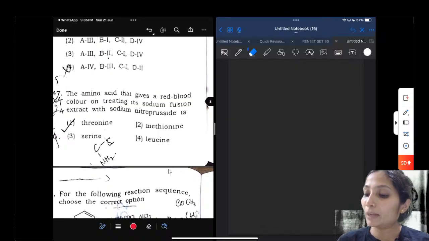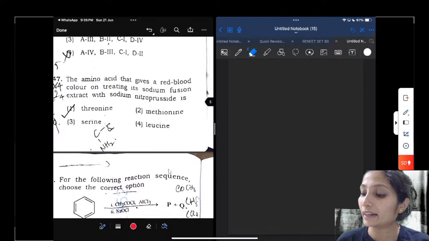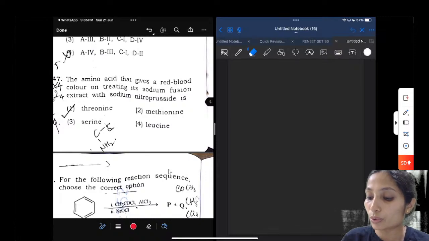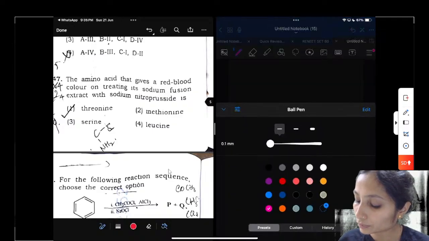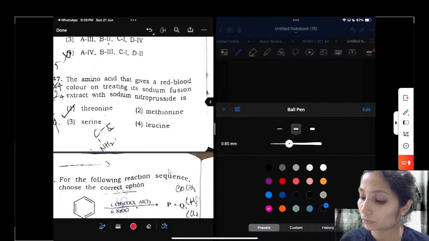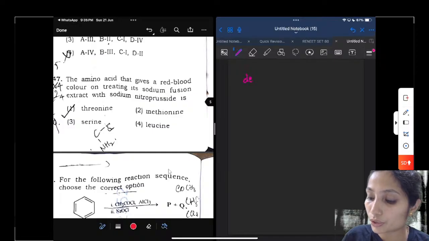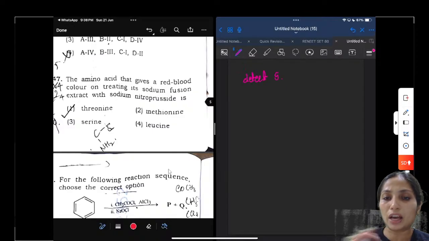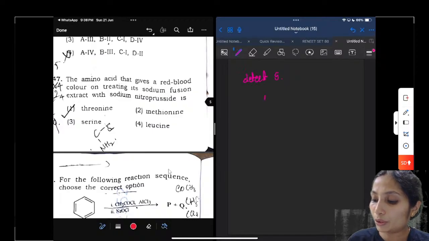Next, the amino acid that gives red blood color on treating its sodium fusion extract with sodium nitroprusside is. See, why do we use the sodium nitroprusside test? Sodium nitroprusside test is used to detect sulfur. Sulfur containing compounds which are present will form Na2S.